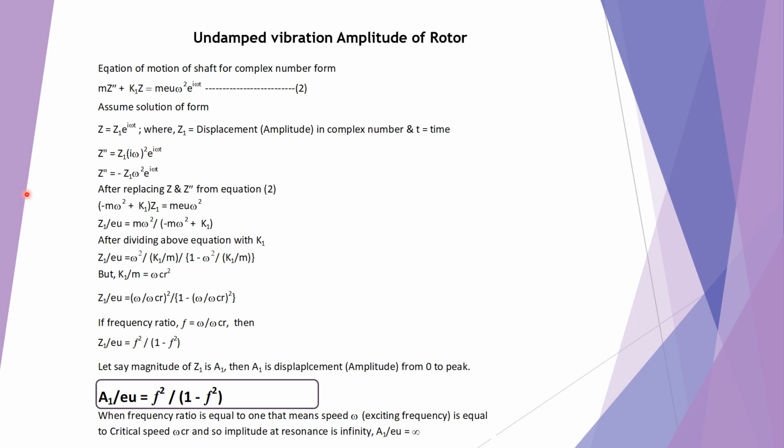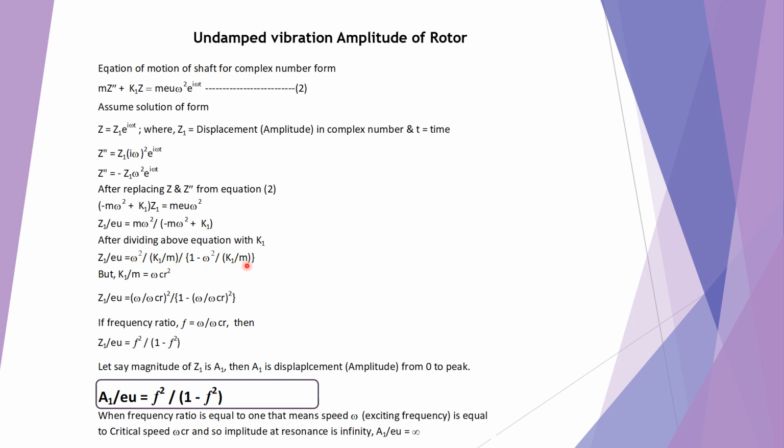So after replacing z and z double differentiation from equation 2, we can write (−mω² + k1) z1 = m eu ω². So z1 upon eu is equal to mω² upon (−mω² + k1).